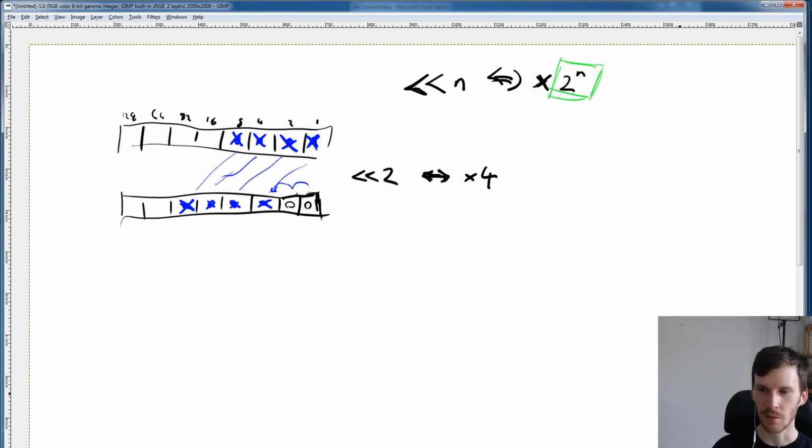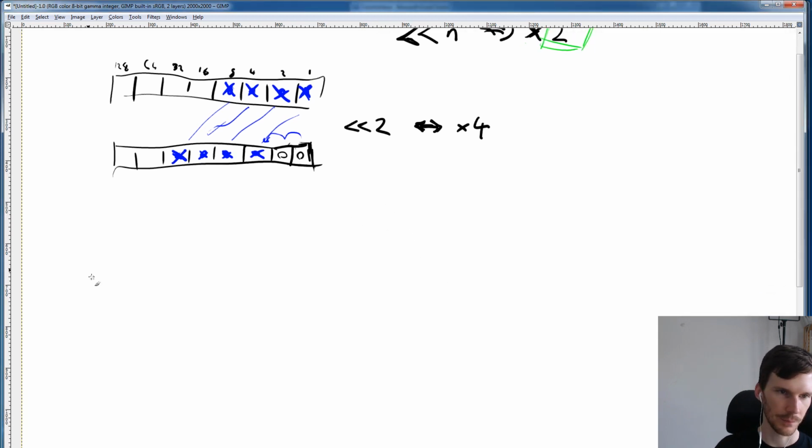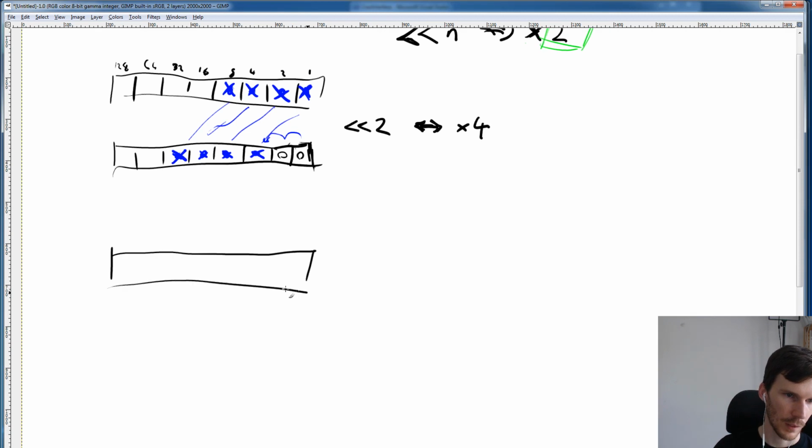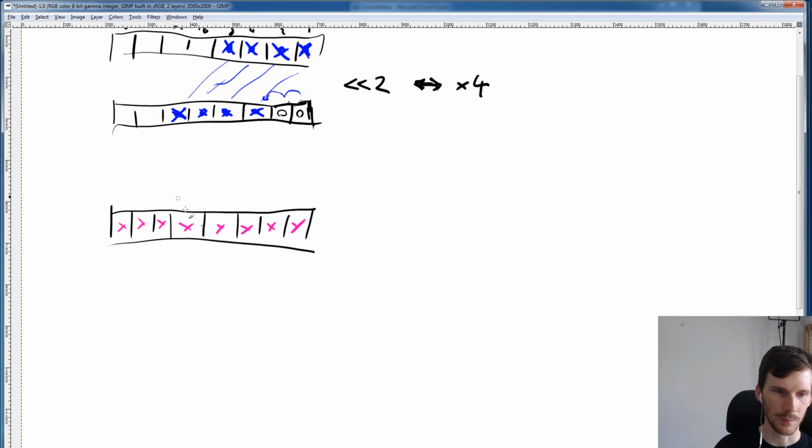Okay, and then we have shift right. Let's say we have, let's go with pink, and we want to shift it. I want to do this slightly differently, actually.